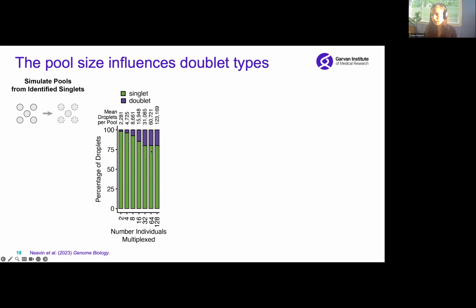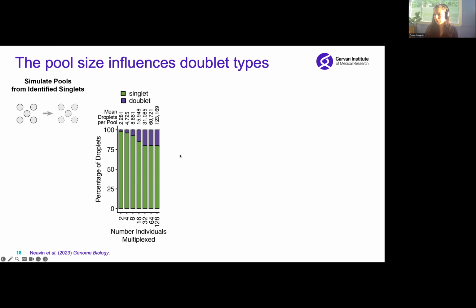And so in simulating this data, we maxed out the number of doublets that we would expect. We simulated this based on the expected projection for doublets, but we max this out at 20% doublets because we know that after 20% of your capture being doublets, you really don't have a cost benefit of sequencing more, and it'd be more beneficial to sequence these across multiple different reactions as opposed to increasing your cells and increasing the doublets.